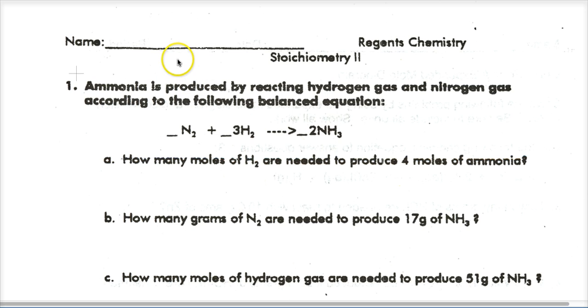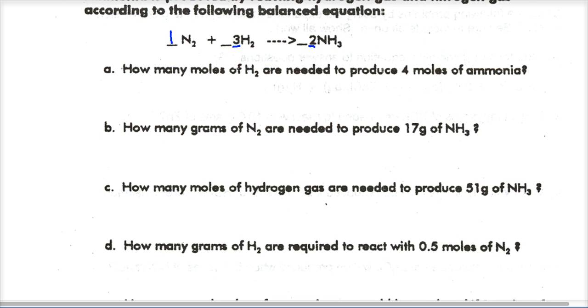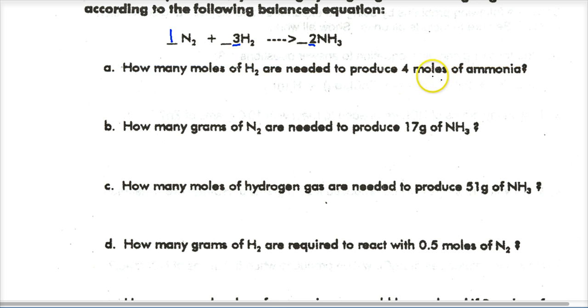Okay, we have to balance a reaction, and it looks like it already is. There's a 1 here, there's a 3 here, and there's a 2. So this was already balanced. Okay, so here's the first question. How many moles of H2 are needed to produce 4 moles of ammonia? Notice this is a mole-to-mole problem. This is one step. I write down the number given to me, 4 moles of ammonia. Now if you didn't know ammonia, it's NH3.